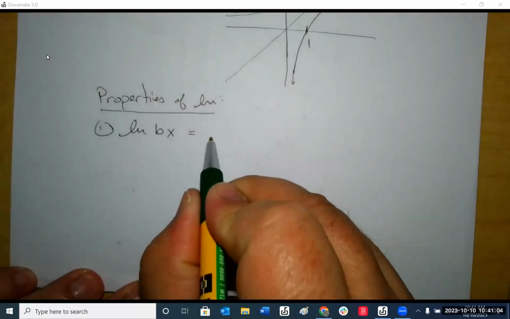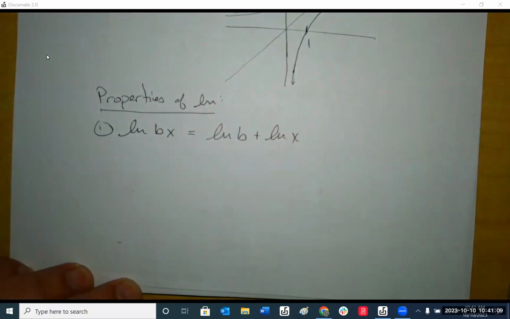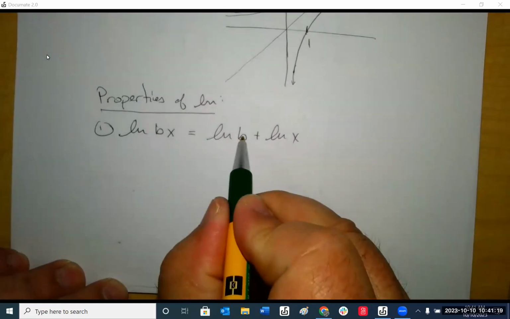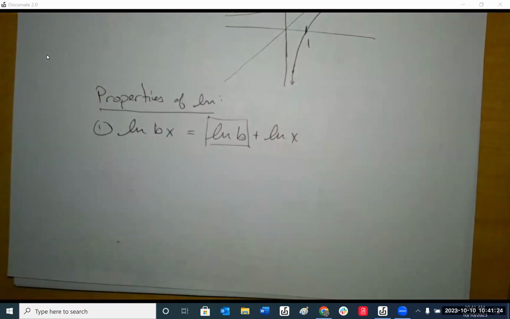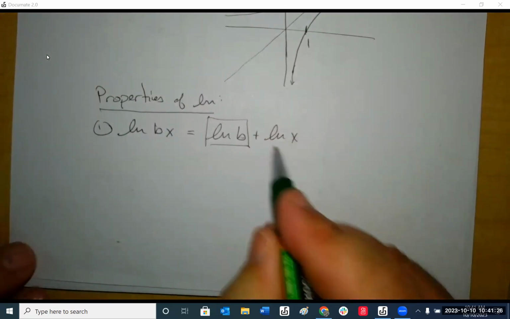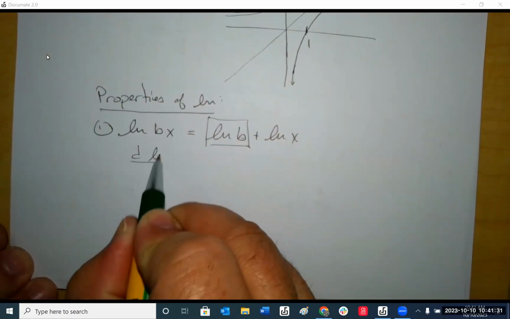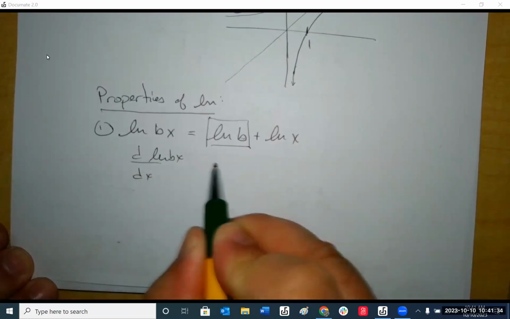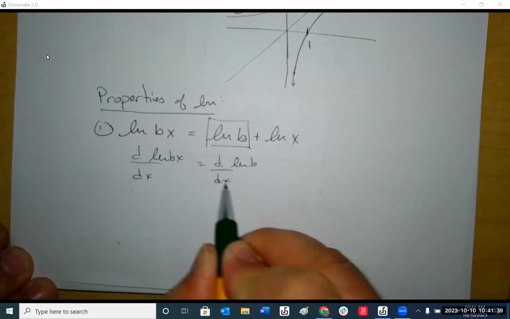Whenever you have a product, you can split them up and add them together. Remember, b is a constant. So this is a value, it's a number, plus ln x. So if I take the derivative of this, then I'm taking the derivative of both of these separately.